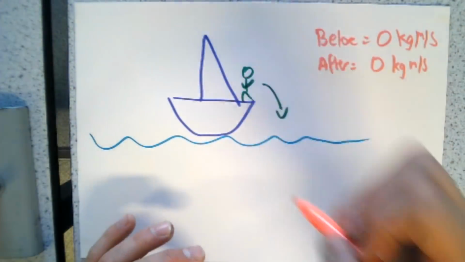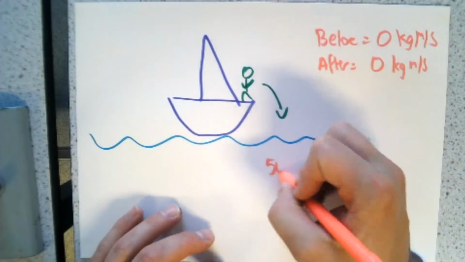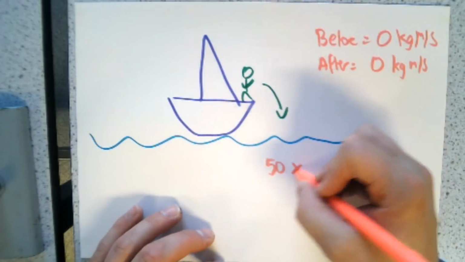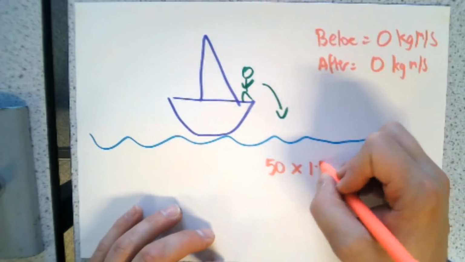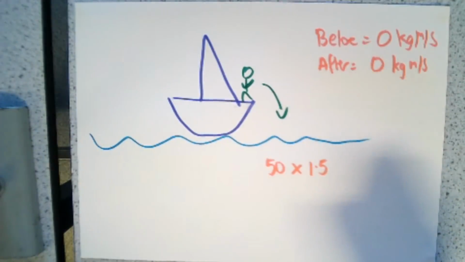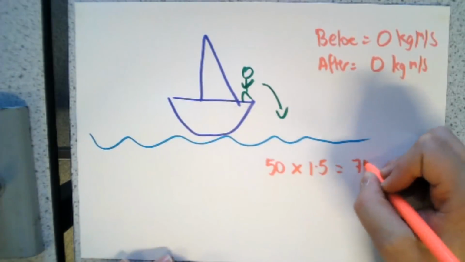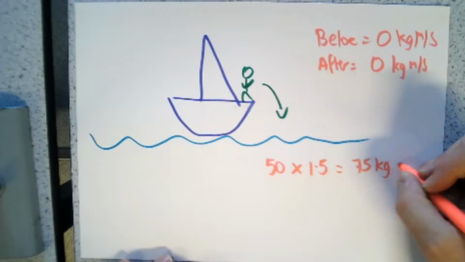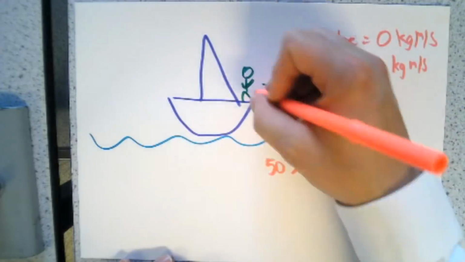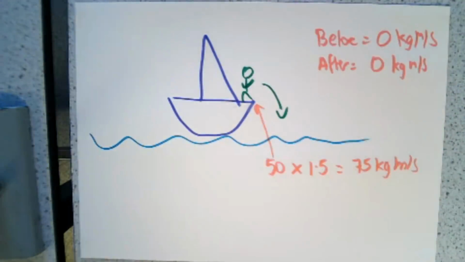So if we think about calculating their momentum, let's say their mass is 50 kilograms, and they're diving in at a velocity of 1.5 meters a second. Their momentum is going to be 75 kilograms meters per second, and that's just for this person here, all right?